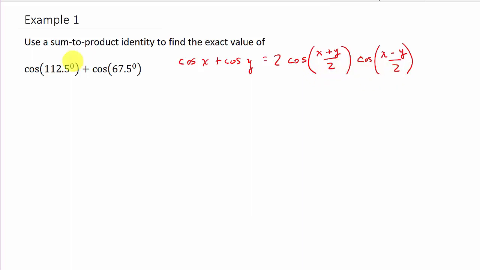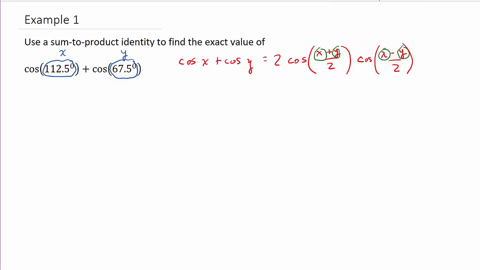If you look, this angle measure here is going to be your x, and this angle measure is going to be your y. So the 112.5 we'll plug in for x, and the 67.5 we'll plug in for y.